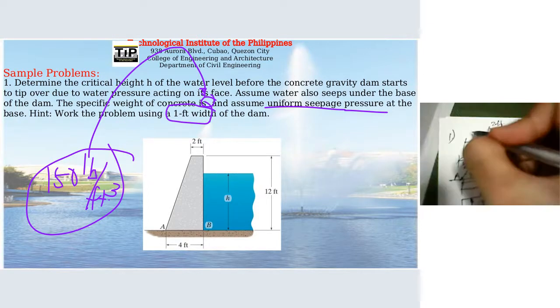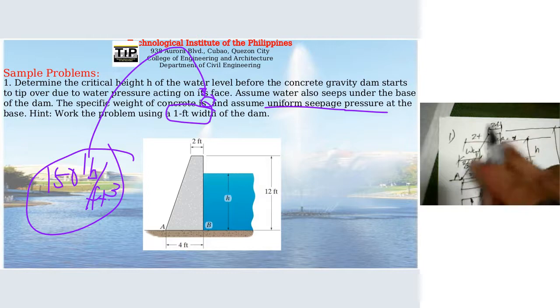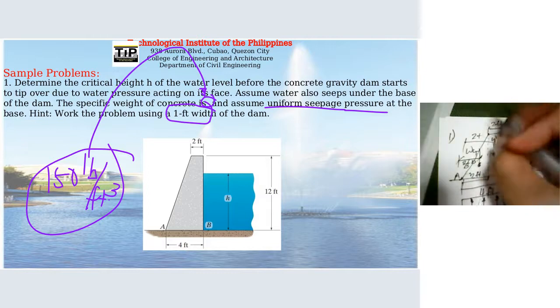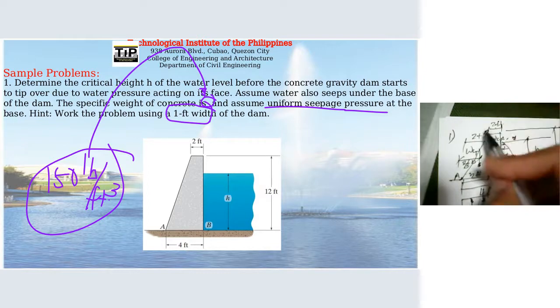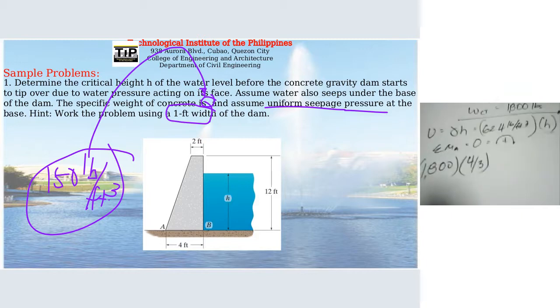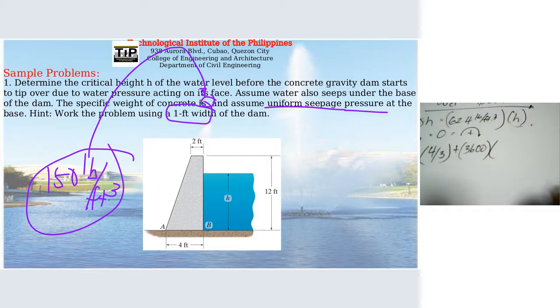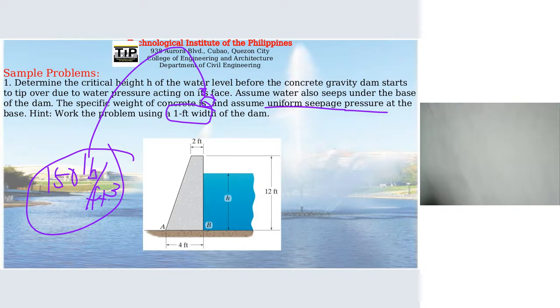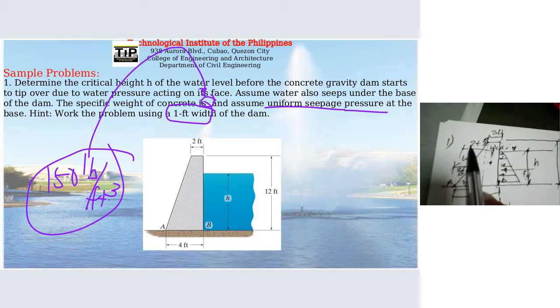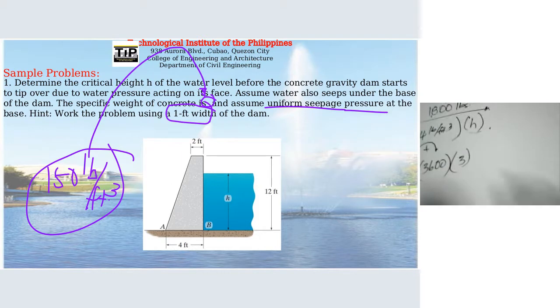So this is 2 plus half of 2 feet, 2 plus 2 over 2. Therefore, this is times 3. Okay? We have 2 plus 1 equals 3.